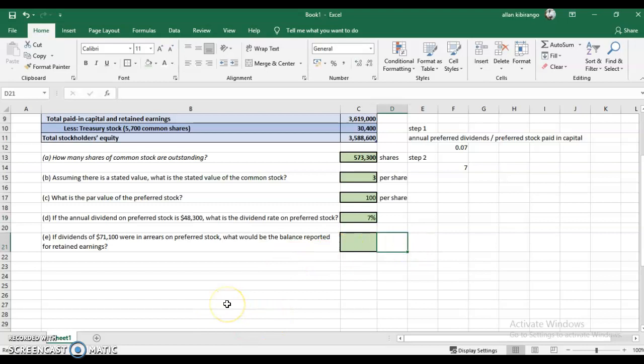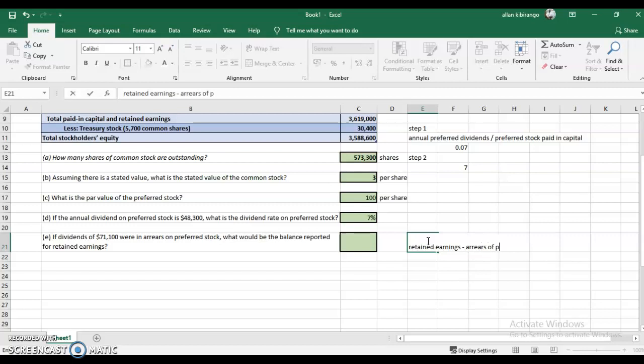Okay, so basically the formula for finding the balance reported for retained earnings would be retained earnings minus arrears of preferred dividends.